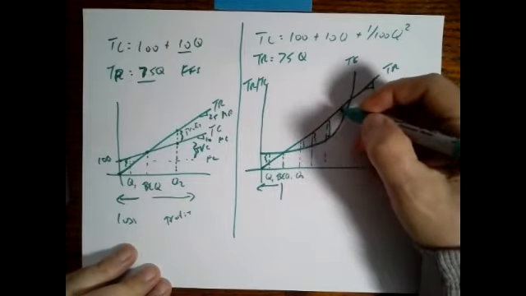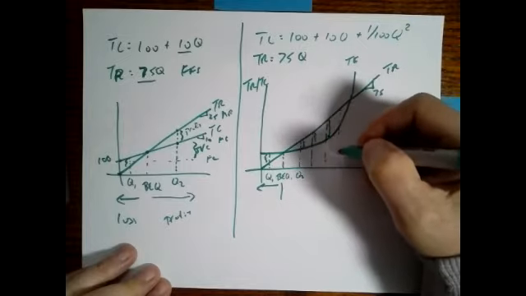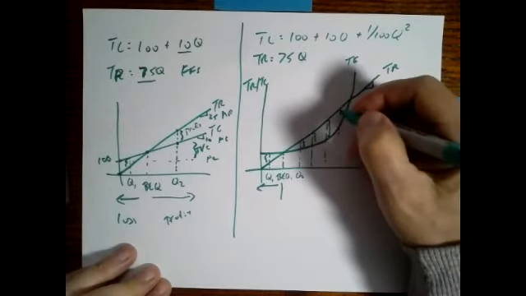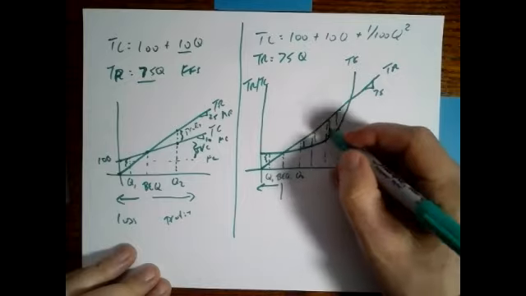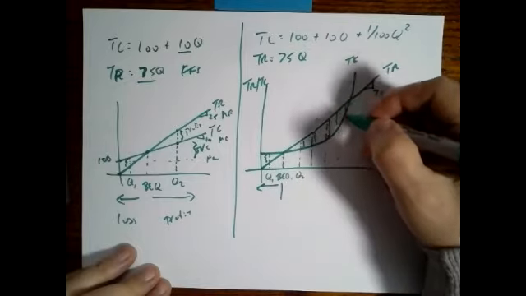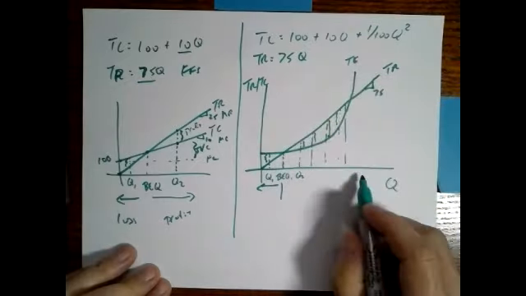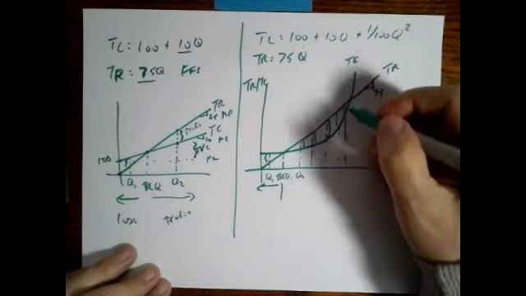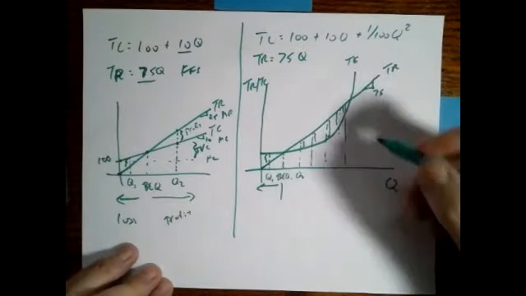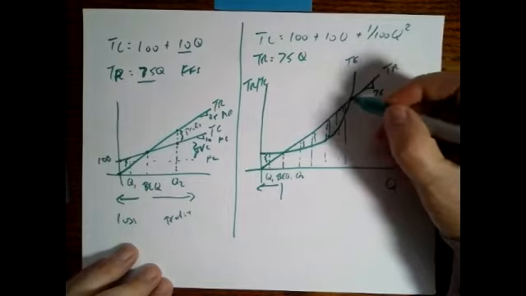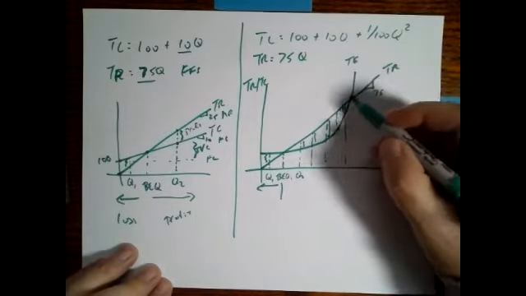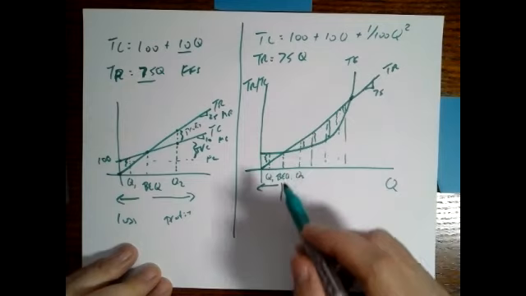But notice something happens. I go out to here, and what starts to happen is this gap is now smaller than this gap. And then I could draw another one here. I'm going out to the right, and this gap is really small. And then I get to this point where the total cost curve crosses the total revenue curve a second time.